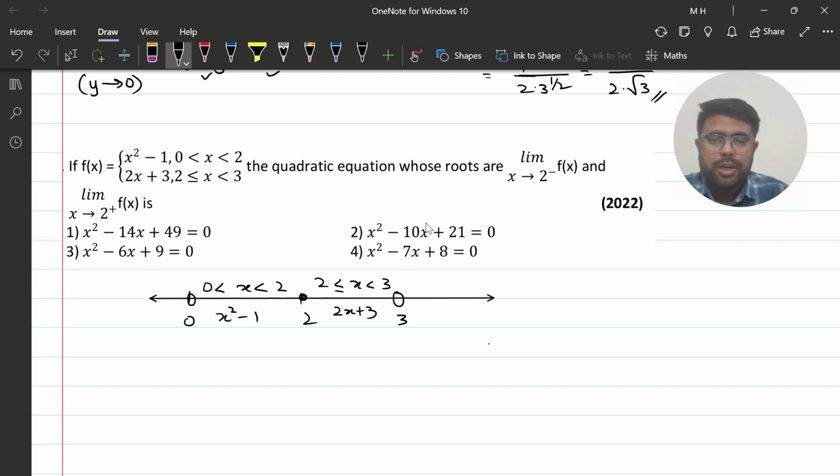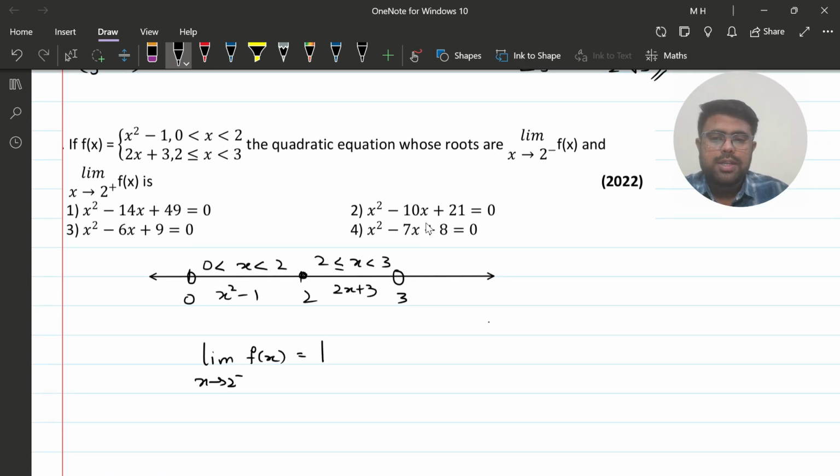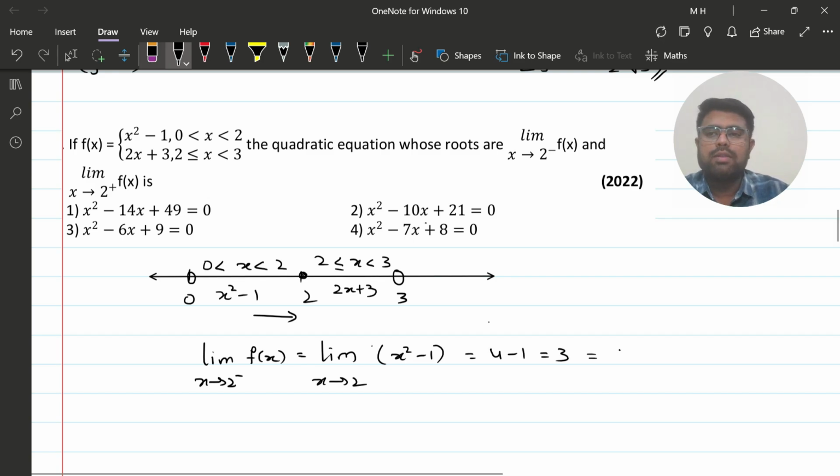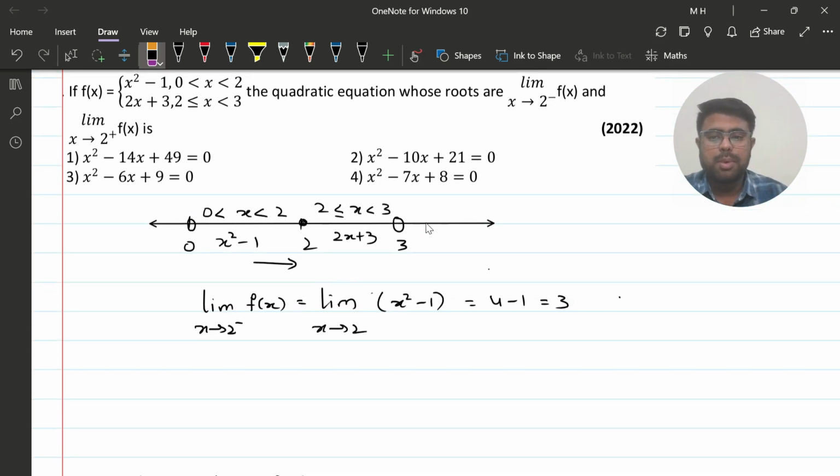Now they need the limit of f of x as x tends to 2 minus. This is equal to, see, 2 minus is approaching 2 from the left hand side, so f of x is going to be x square minus 1 as x tends to 2, which is equal to 4 minus 1, that is 3, right? I will take this up a bit later.